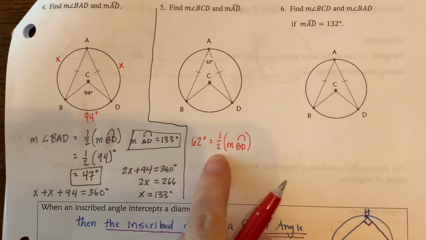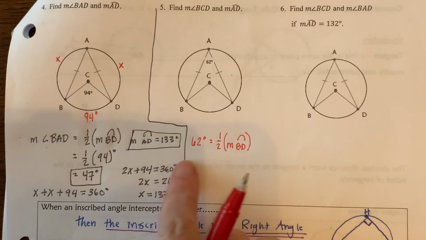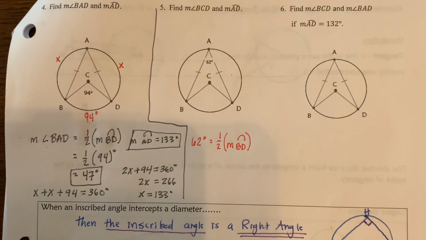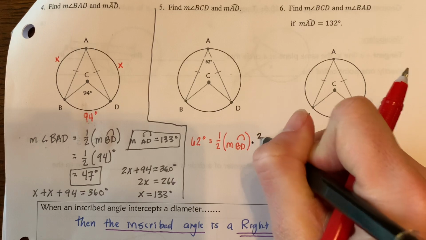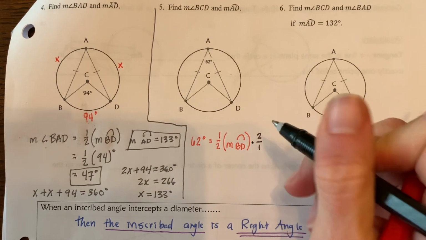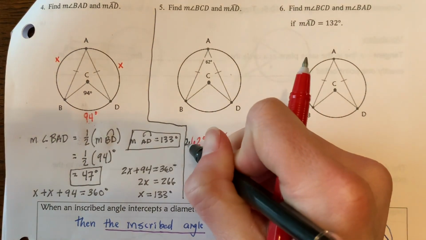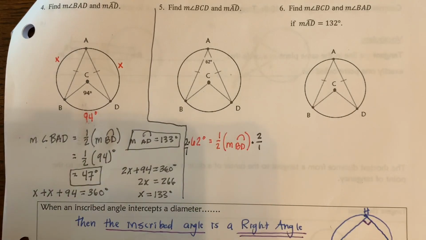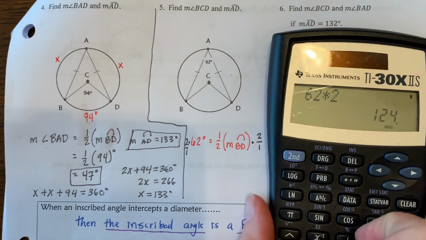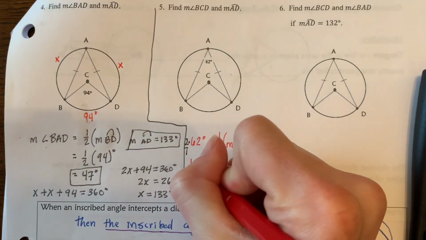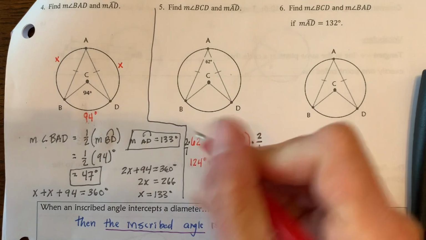1/2 and the measure of arc BD is being multiplied. So the opposite would be to divide both sides by 1/2, which is the same as multiplying by the reciprocal. So I'm going to multiply both sides by the reciprocal of 1/2, which is 2/1. On the left-hand side, I'm going to take 62 times 2, which is 124. Okay.